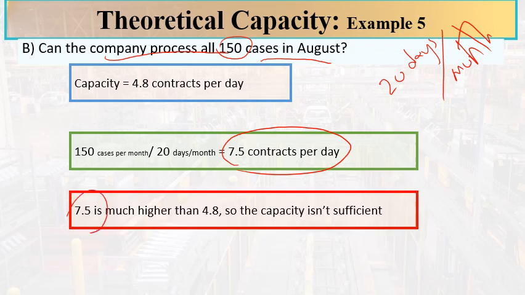So 7.5 is much higher than the effective capacity, which we've calculated to be 4.8 in the previous slide. So the capacity is not sufficient to process all 150 cases.